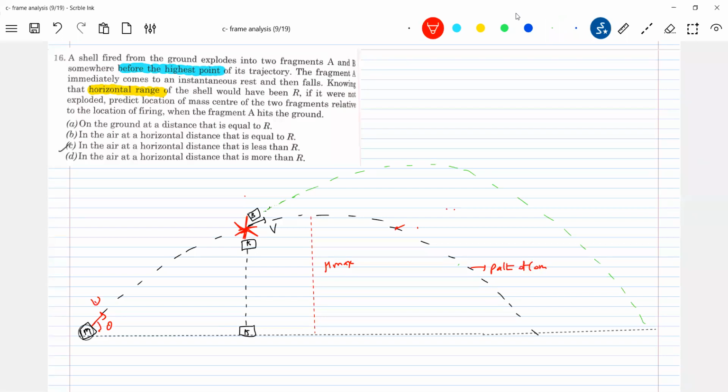Let me take this so that we can study all things in detail. There's a maximum height ascended by fragment B, and fragment B finally will come and strike here.